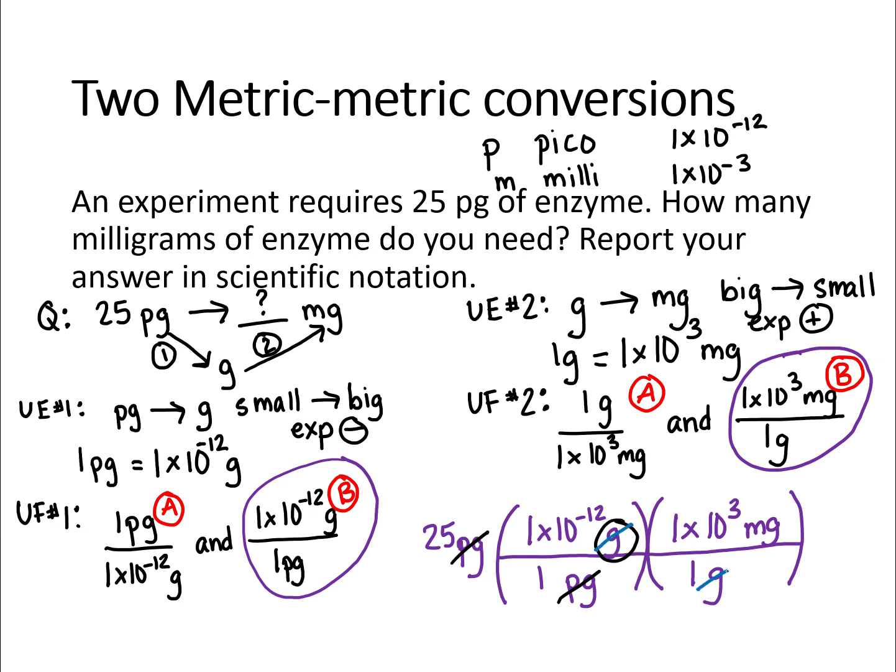We cancel those grams out and we're left with milligrams at the end of the day. So what you should get when you report your answer in scientific notation is 2.5 times 10 to the minus 8 milligrams.